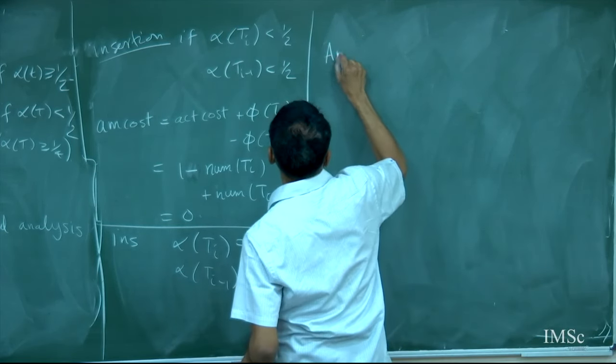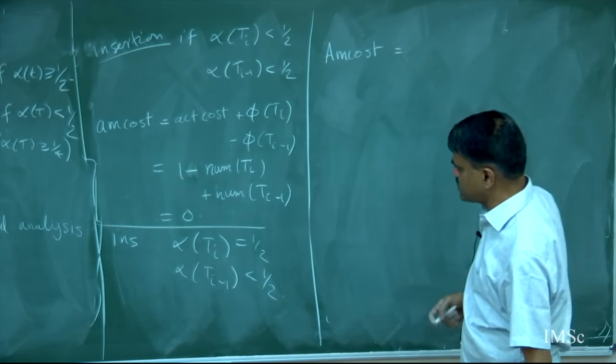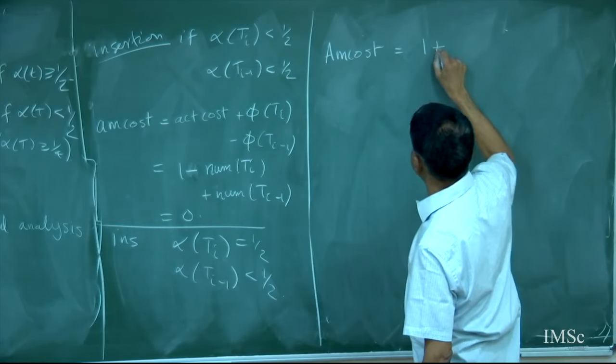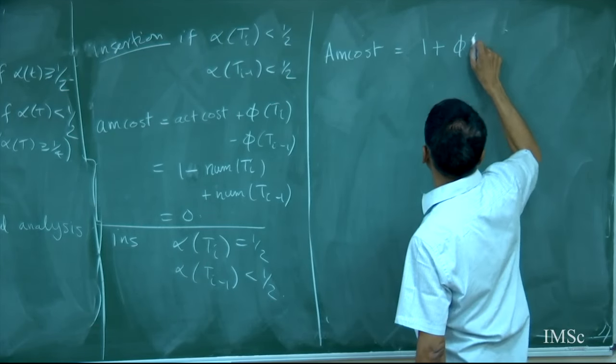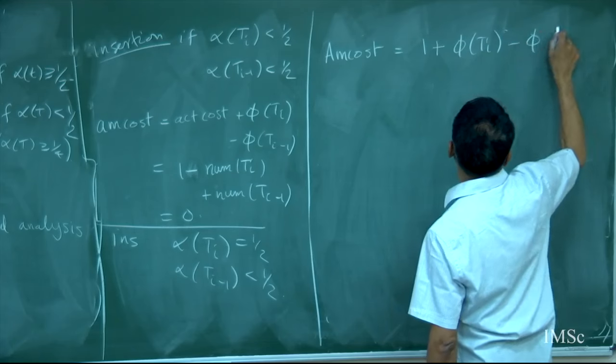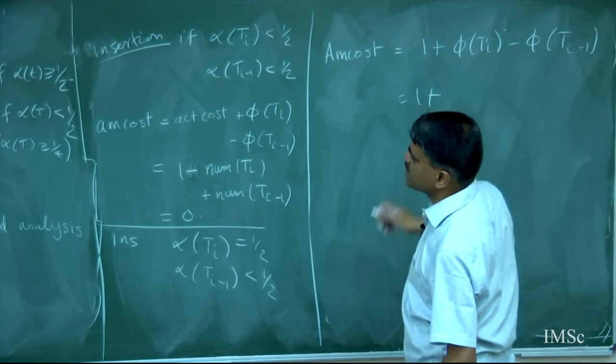So the amortized cost is equal to the actual cost, which is a simple insertion because no table change, nothing happens, plus phi of Ti minus phi of Ti minus 1. Well, what is the new potential?